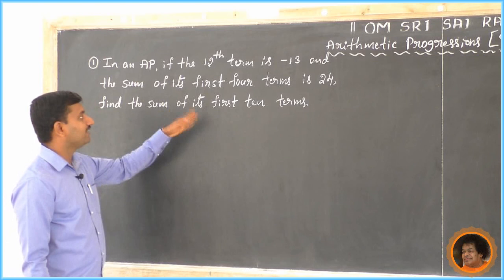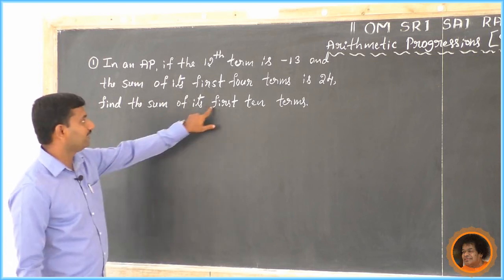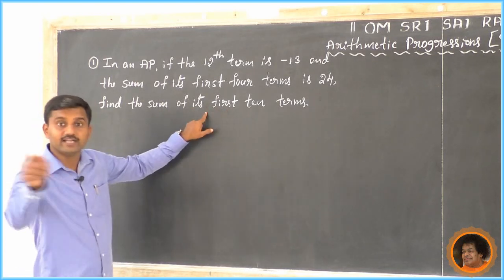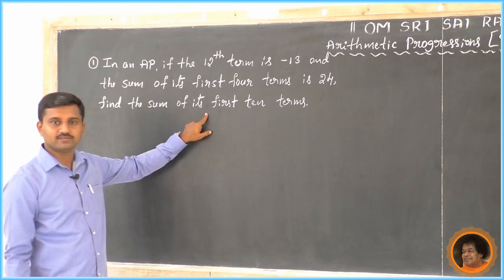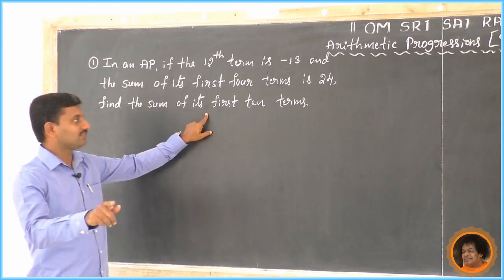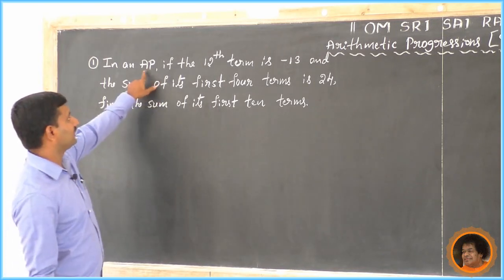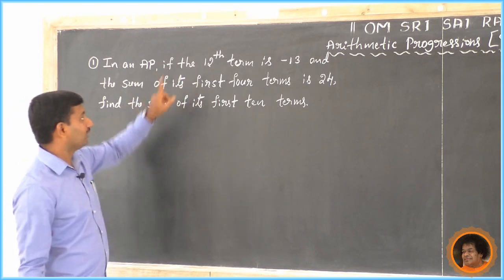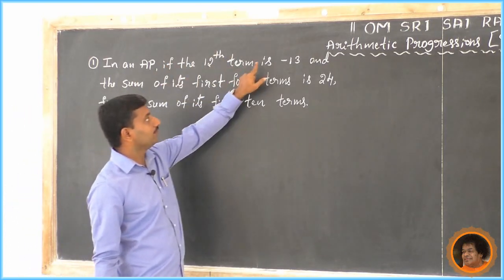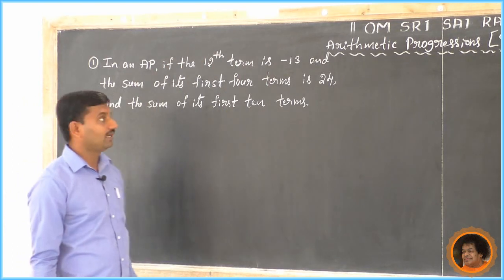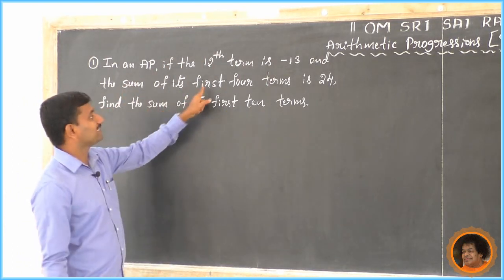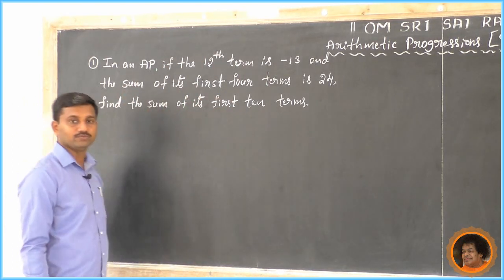So what about a and d? You know the value of n is 10. What about a and d? First term and the common difference. First find the first term and the common difference with respect to the given conditions.